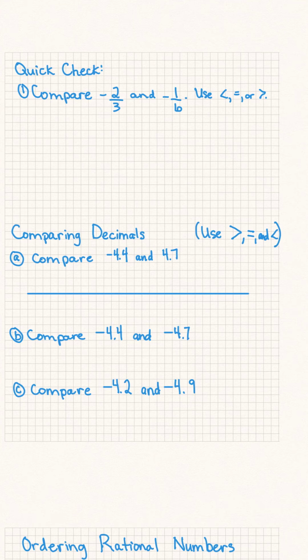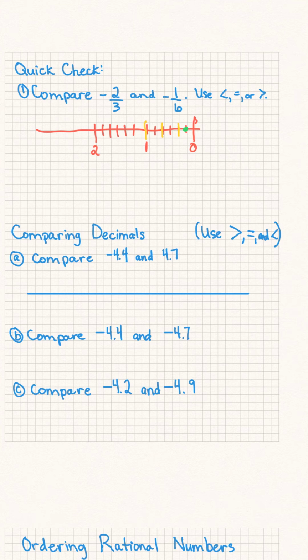So now let's look at this next one, comparing -2/3 and -1/6. Let's do both ways, first creating a number line. Okay, so I created my number line and I broke the number between 0 and 1 into 6 spots. But the 3 is saying that there's only 3 lines between the 0 and the 1. So the yellow lines represent 3 spots. So -1/6 is going to be right here.